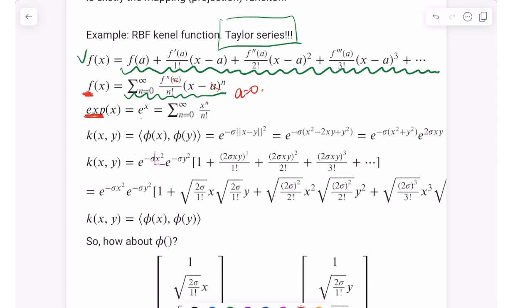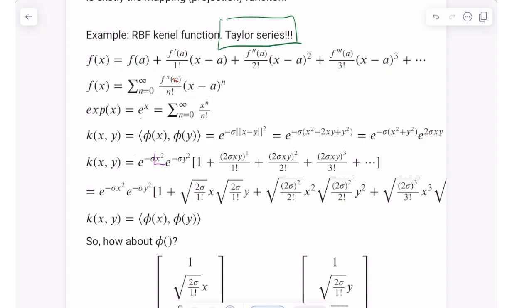So the final result of the Taylor series, if you use it to express e to the power x, that is just the formula. Okay, so think about one thing.